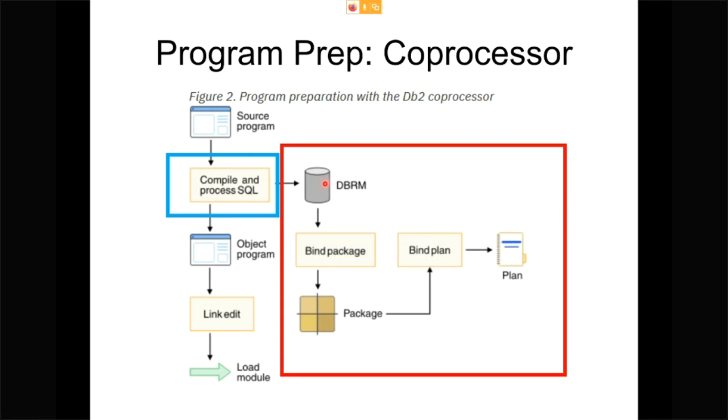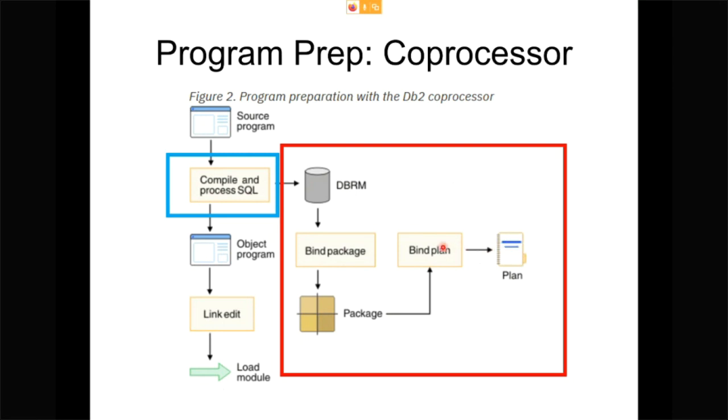And then the DBRM is used in the same way that it was used with the DB2 precompiler, where you bind a package and then you bind a plan from that package, which produces the plan, which allows your load module, when it executes, to communicate with DB2, and DB2 knows what it is that you're trying to execute.